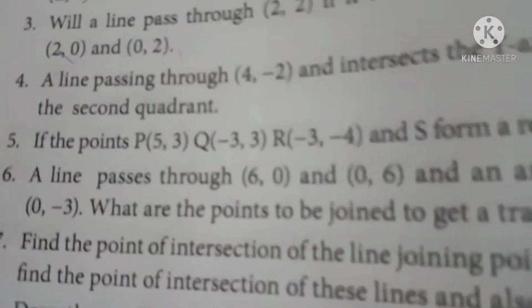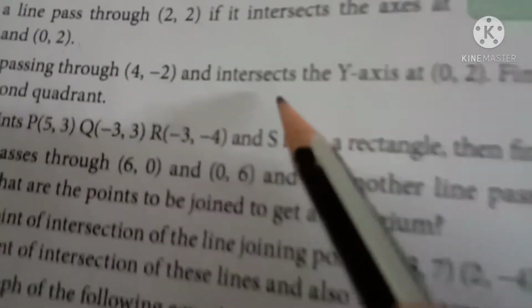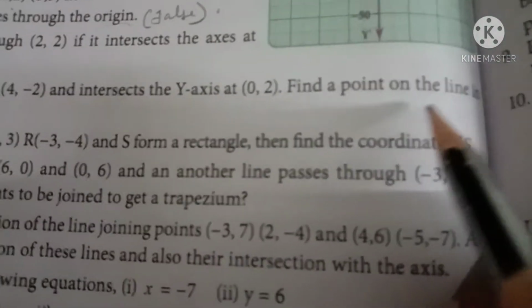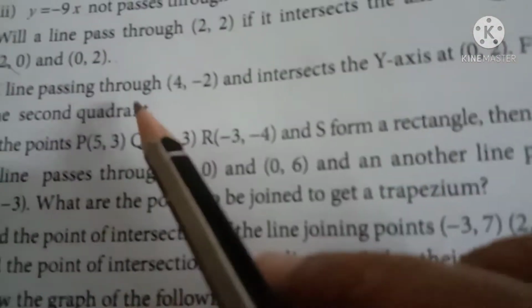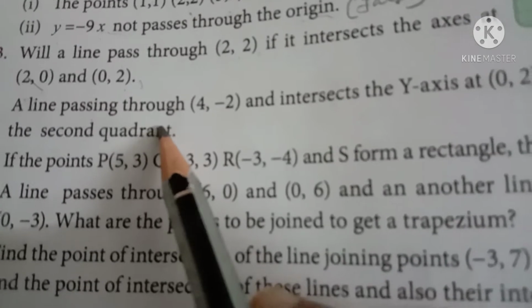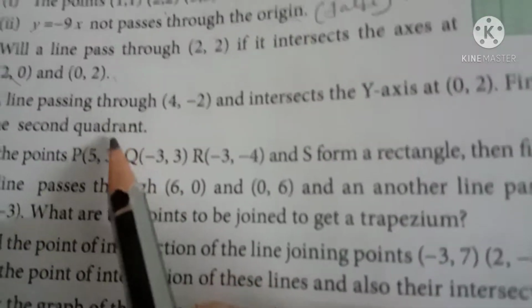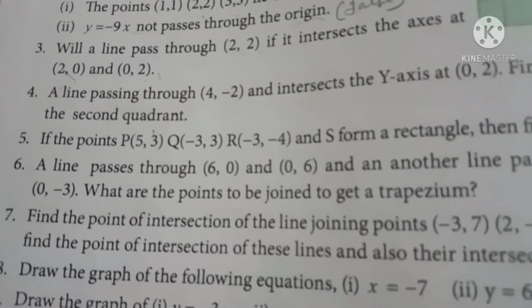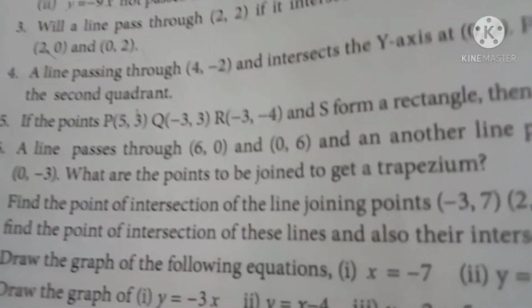And next, the fourth one: a line passes through (4, minus 2) and intersects the y-axis at (0, 2). Find a point on the line in the second quadrant. So they ask you to find the points on the line in the second quadrant. So your first point is (4, minus 2).